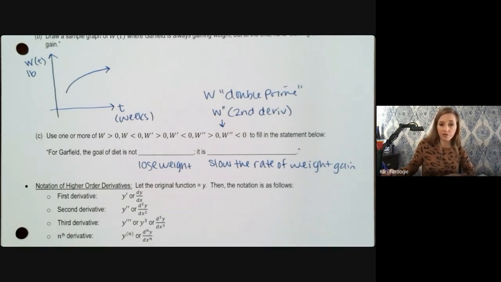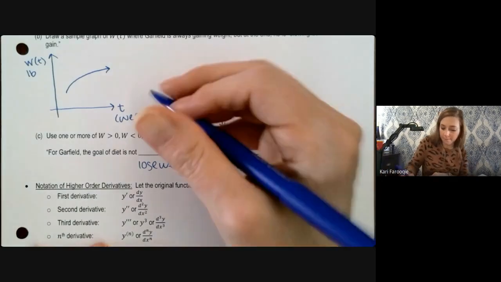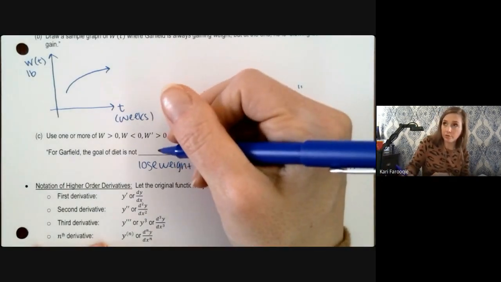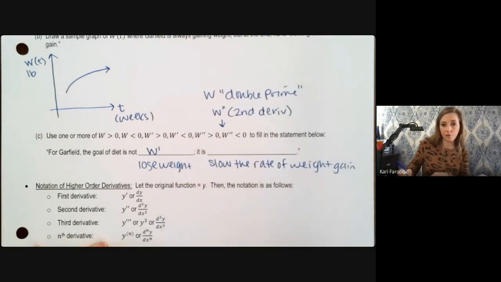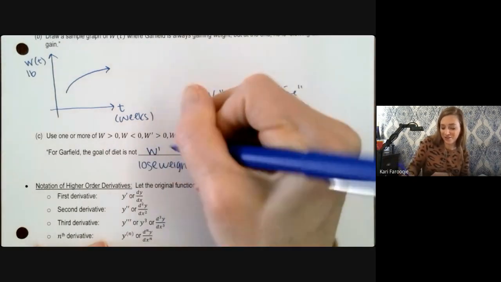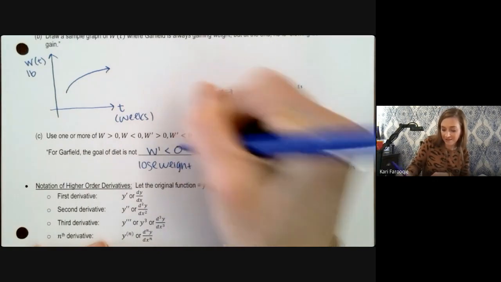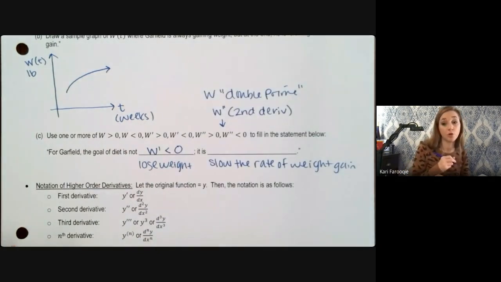So the goal is not to lose weight. So it's not about having the weight itself, or the rate of change of the weight decrease. So the rate of change of the weight being less than 0 would be losing weight.